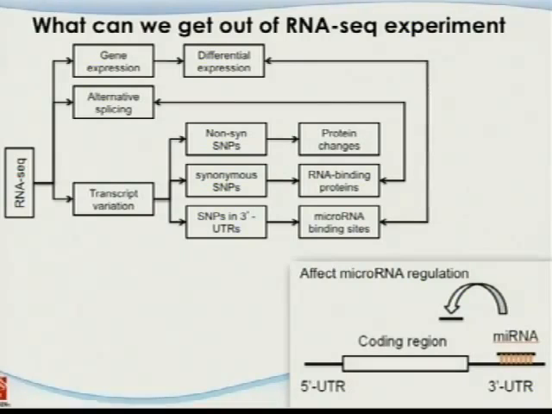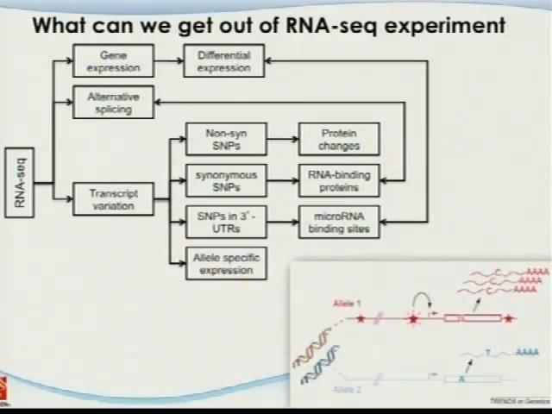And since we study microRNA binding sites in this scenario, and we also identify the differential expression, whether we can bring this information together to make an integrated model, I think it's certainly possible. Again, these are really bioinformatics research parts, not just running through the pipelines, but that's where the fun part is, right? And another level of information when we use the transcript variation is we can study allele-specific expression.